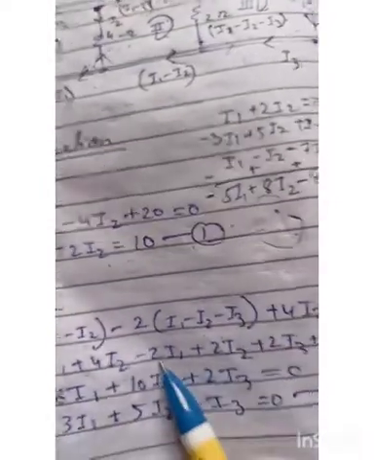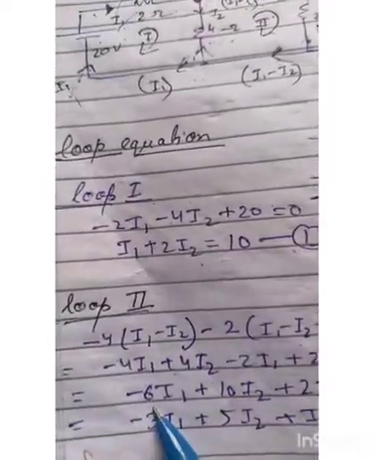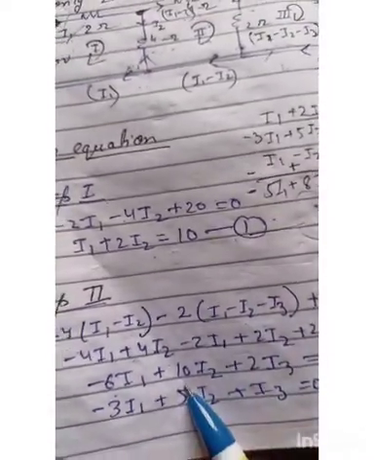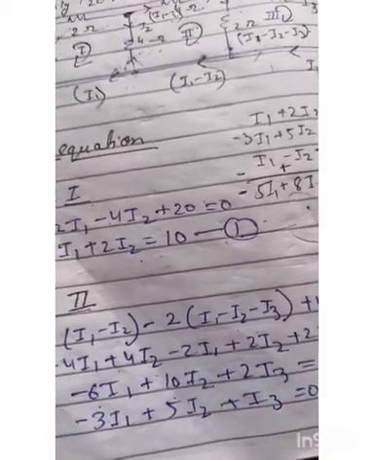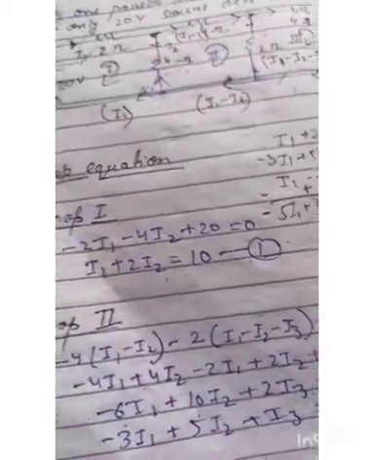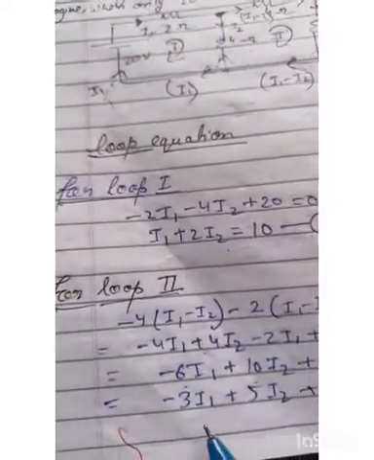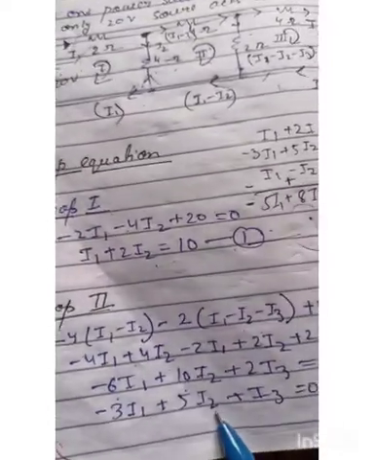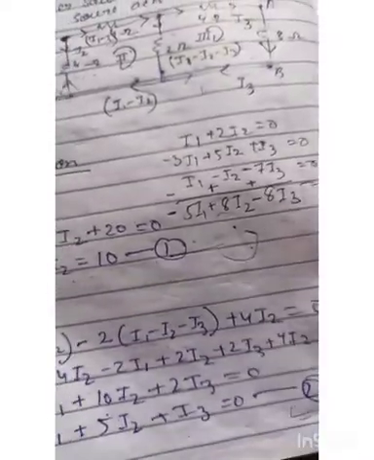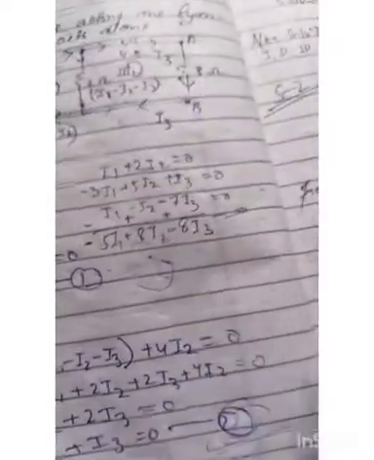Minus 4I1 minus 2I1 we get minus 6I1, plus 4I2 plus 2I2 plus 4I2 we get plus 10I2, then plus 2I3 is equal to 0. Now after solving that, we get minus 3I1 plus 5I2 plus I3 is equal to 0. We get our second equation, equation number 2.